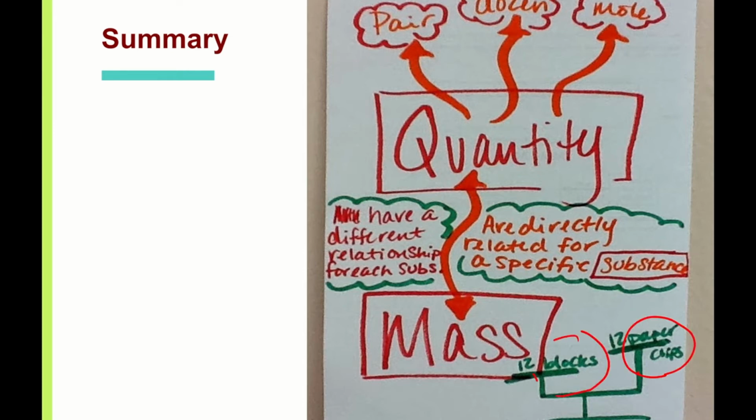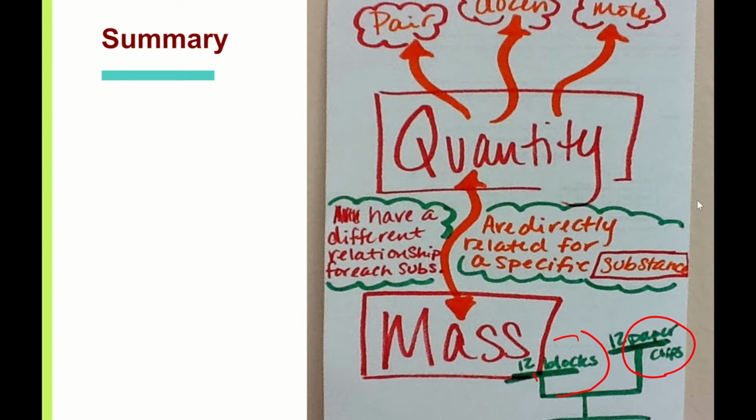The quantity is the same, both are 12. Just that blocks are heavier, paper clips are lighter. This is the same as the question just now on 1 mole of copper versus 1 mole of iron. Same quantity, but of course they have different mass.